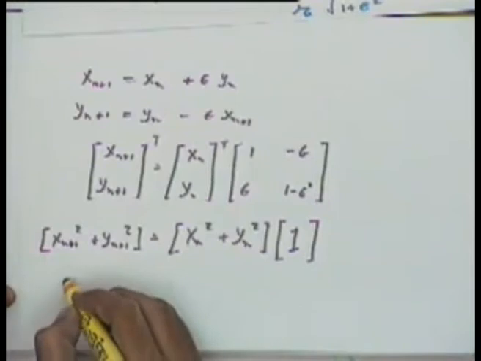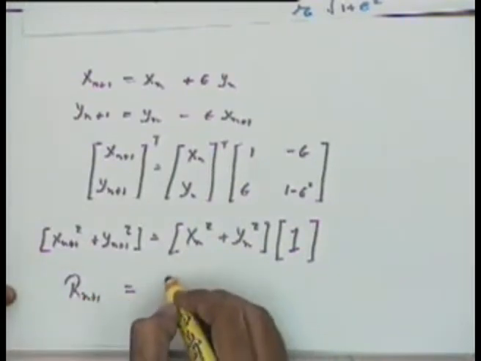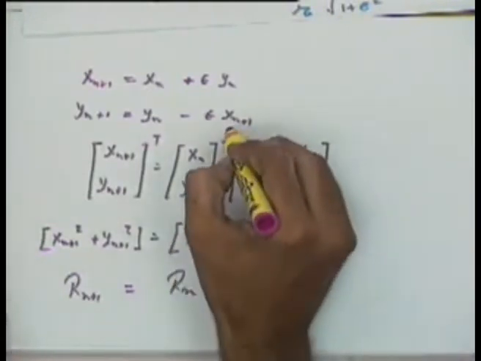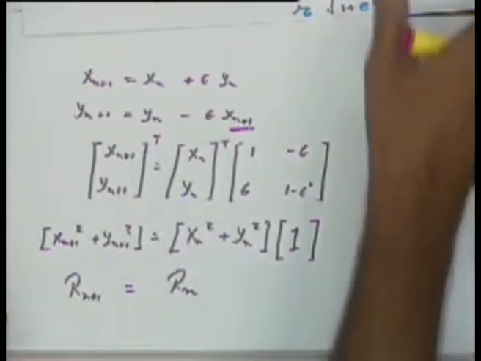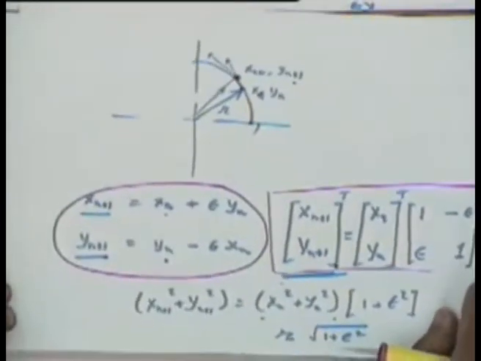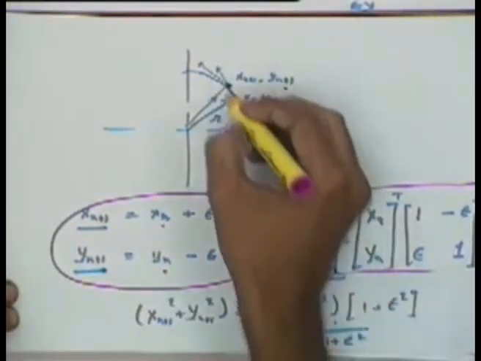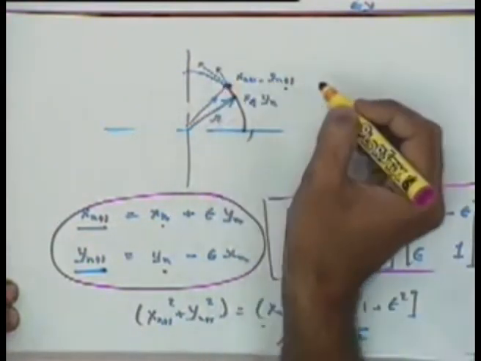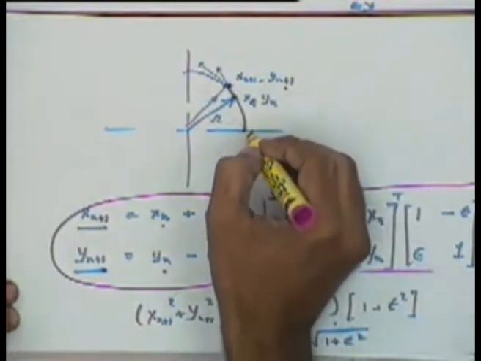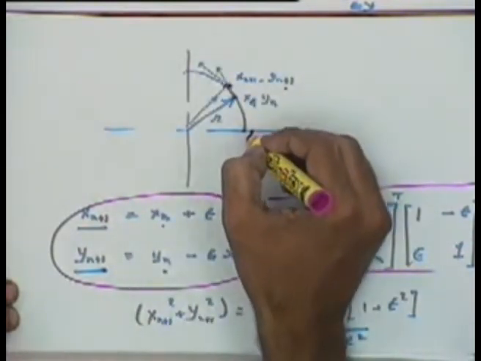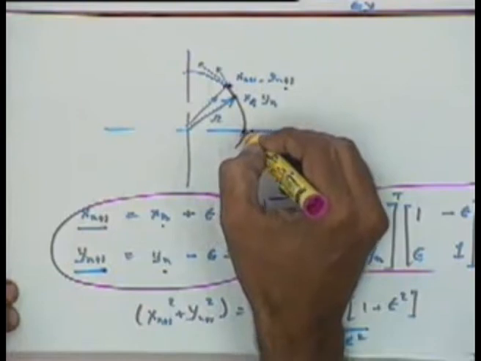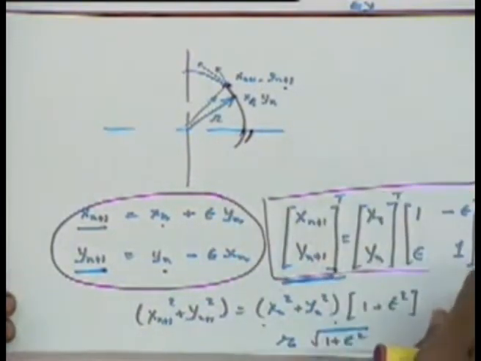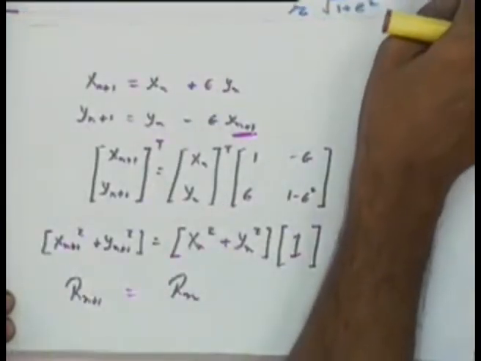So the radius here, that is Rn plus 1, will be equal to the radius at Rn. So just by making this small change, we will be able to get a circle accurately. The next point, instead of being here, will be at the circle boundary, and the circle, instead of becoming a spiral and ending here, will end at this location. So this is how we can draw a circle using a DDA algorithm.